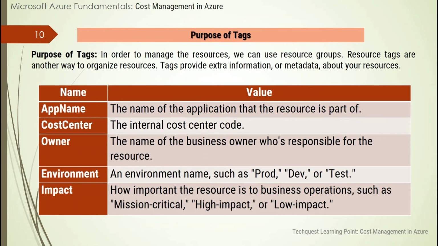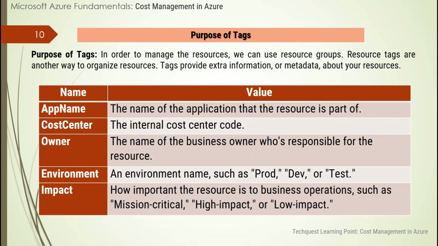A resource tag consists of a name and a value. You can assign one or more tags to each Azure resource. App name. Value: the name of the application that the resource is part of. Cost center. Value: the internal cost center code.